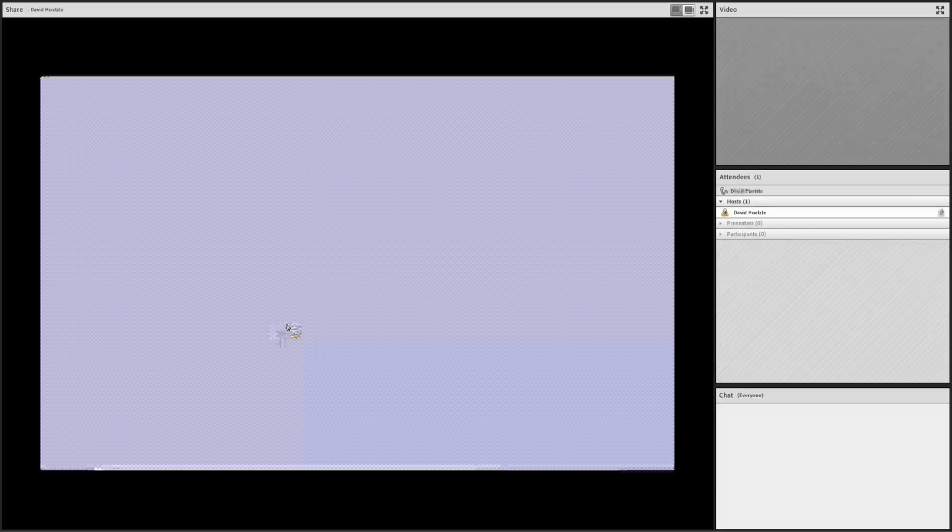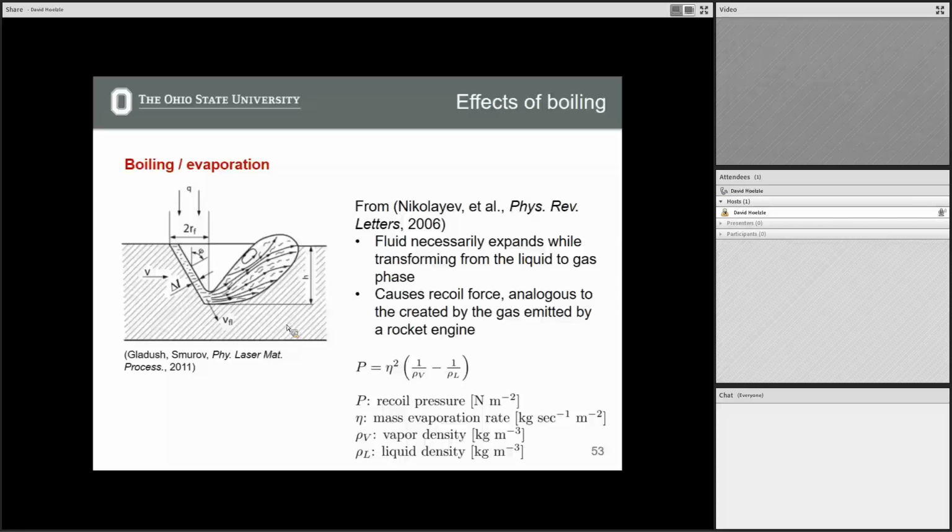It has to do with evaporation. Okay, so if you heat up anything to this gaseous temperature, you're going to have evaporation, right? In this case, it's turning from solid to liquid to gas. And if you look at a lot of literature, you get statements that the fluid necessarily expands while transforming from liquid to gas, right?